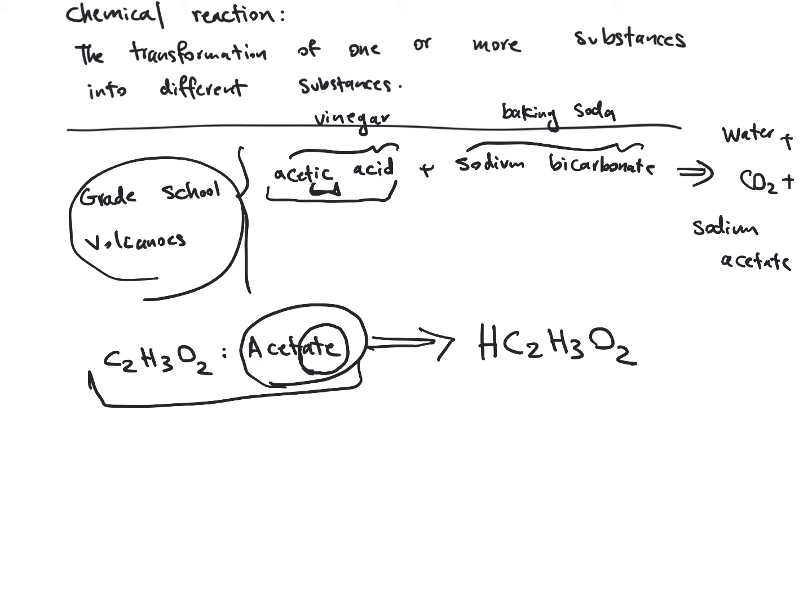It ends with ATE. And then here you have the base name of the oxyanion plus ic acid. So it's nitrous acid, nitric acid, sulfuric acid, and then acetic acid.